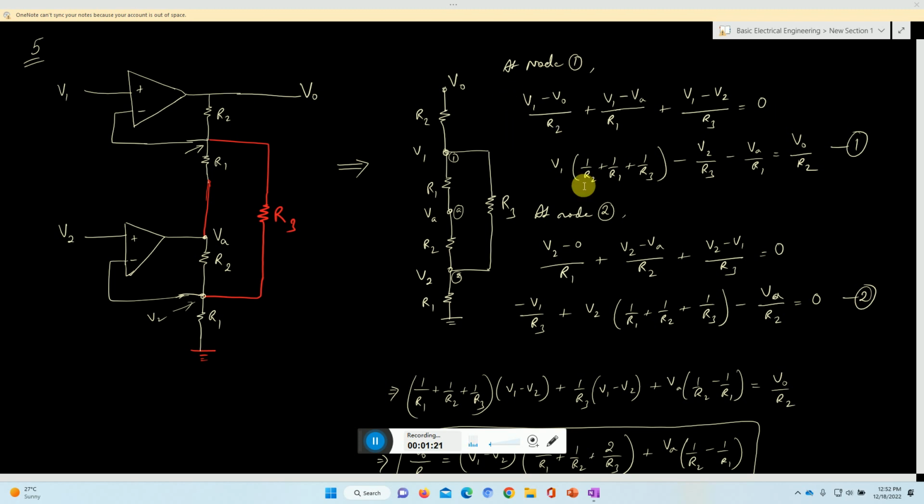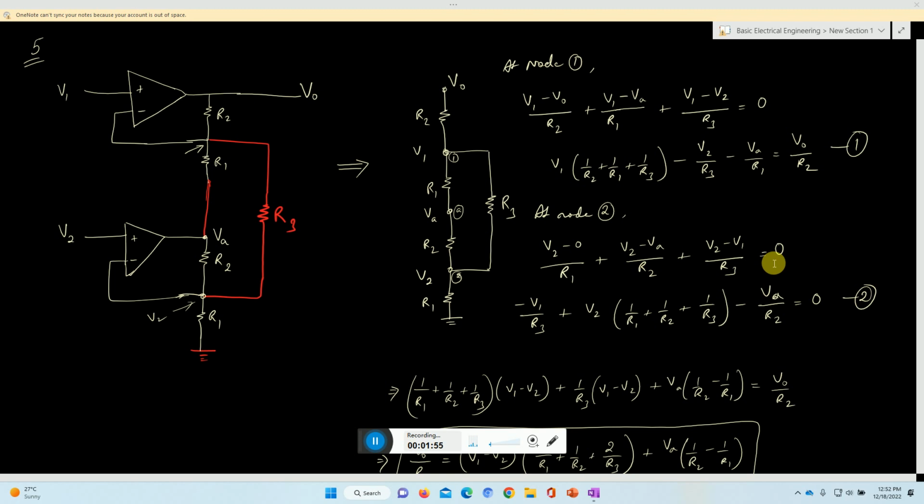Then we take all the V1 elements on one side, V2 and its element on one side, VA with its element R1 on one side, and V0 on the other side divided by R2. Similarly, for node 2, the node analysis gives (V2 minus 0) by R1, (V2 minus VA) by R2, and (V2 minus V1) by R3.